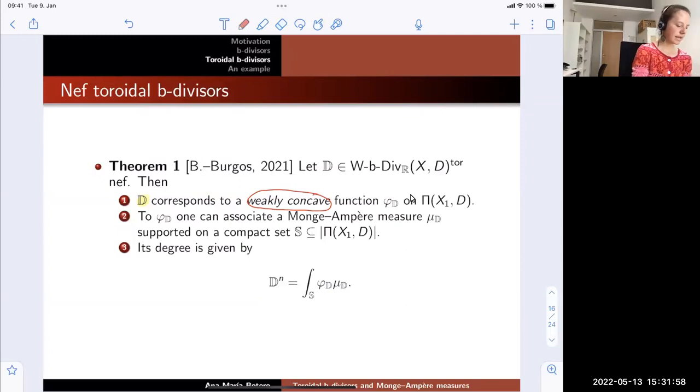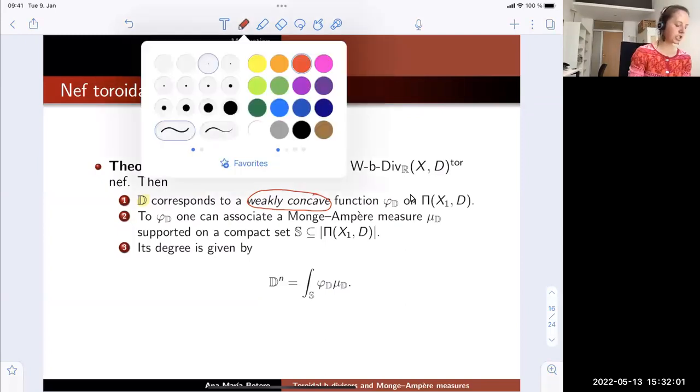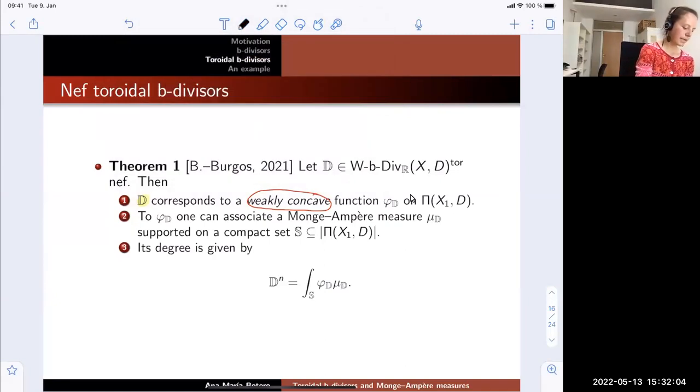Maybe I here make the analogy with the toric case. If X is toric and your D is just this boundary, then a weakly concave function on Rn is the same as a concave function. So all three definitions are the same on such a fan. And then to this weakly concave function, you can associate a Monge-Ampère measure supported on a compact set.